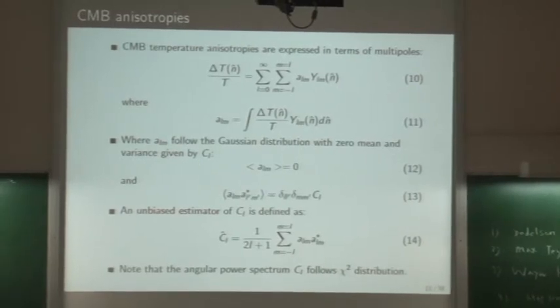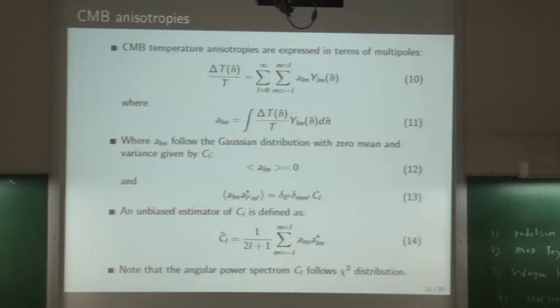So CMB anisotropies are completely characterized by this C_l, like any Gaussian probability distribution can be characterized by its mean and variance. Mean is 0 here, variance is nothing but C_l, and we can make an unbiased estimator of C_l given by this one. What I mean by unbiased is that if you take the expectation value of an estimator, and it goes toward the true value, then it is called an unbiased estimator.